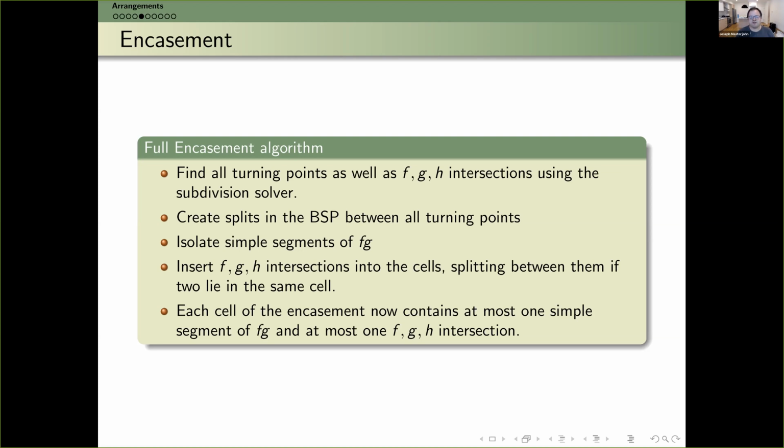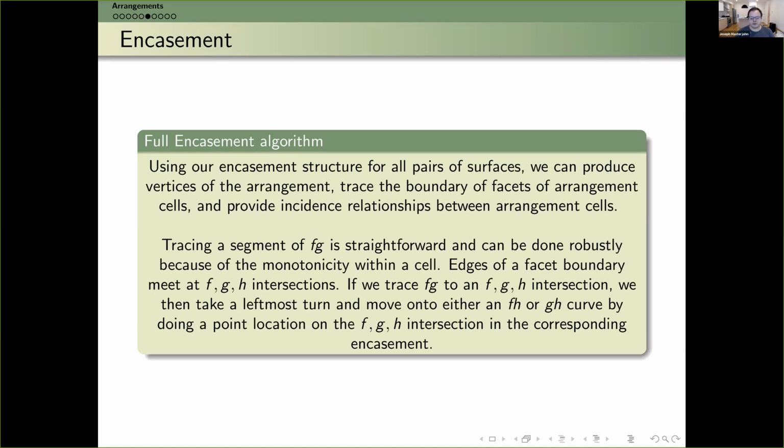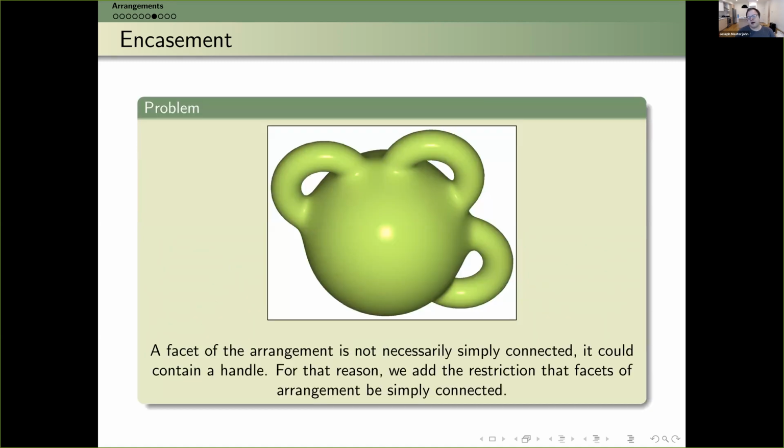If all leaf nodes of the BSP can be verified by these predicates, that implies that we can construct the arrangement out of this BSP structure for pairs of surfaces. So there's a lot of details to what those predicates are, and then proving that they imply the arrangement itself.